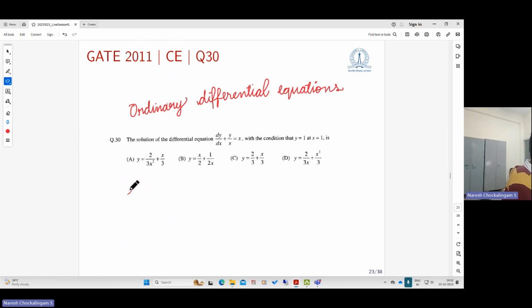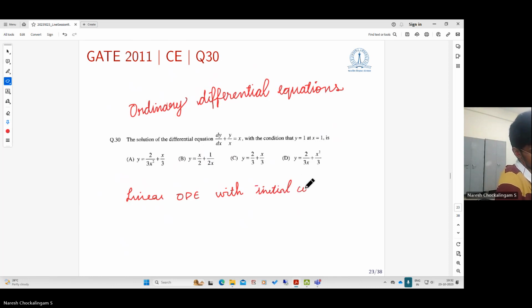So what we are given is a linear ordinary differential equation with some initial conditions. So it's an initial value problem.